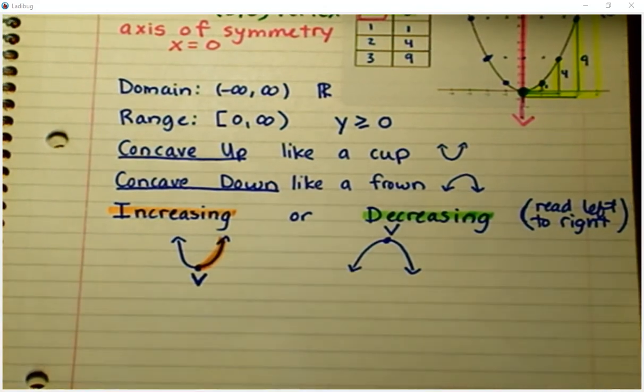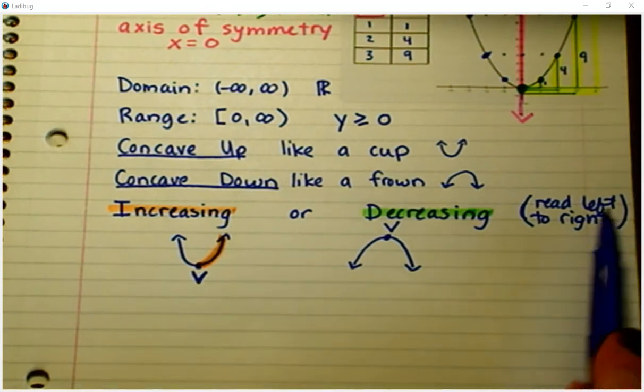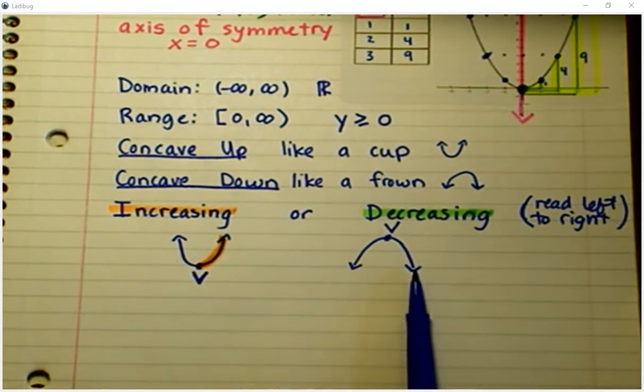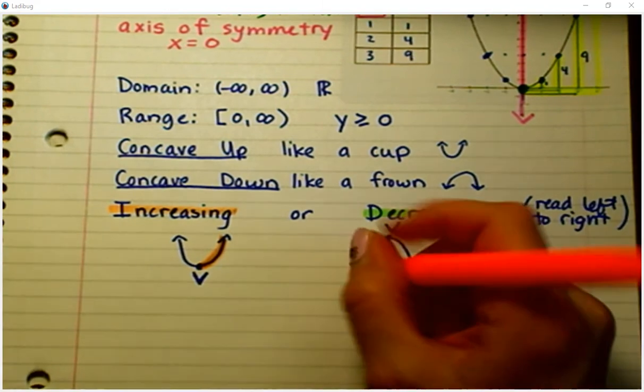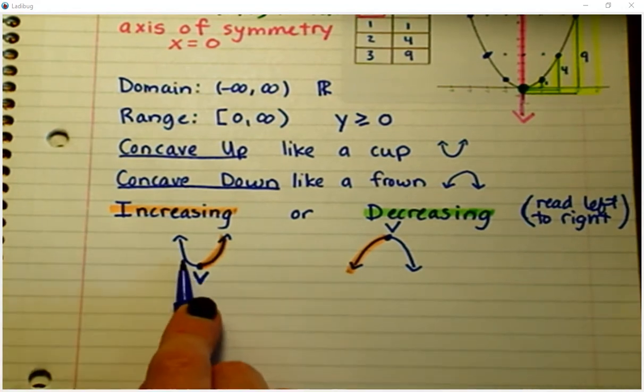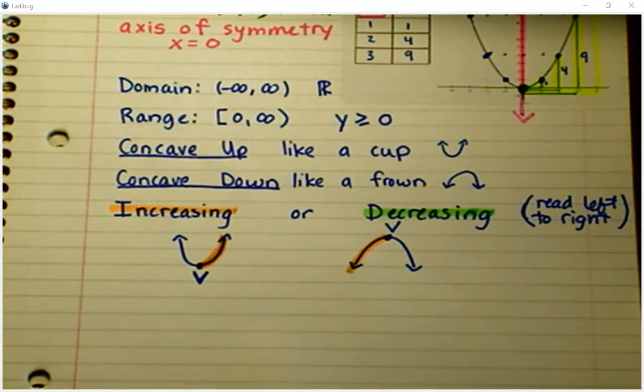Now I'm going to do this one. When does my pencil move down as I go left to right? To the left of the vertex. Okay, that's decreasing. When does it go up? Increasing. When does it go down? The other side.